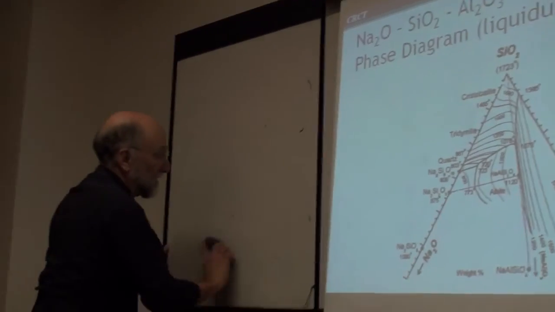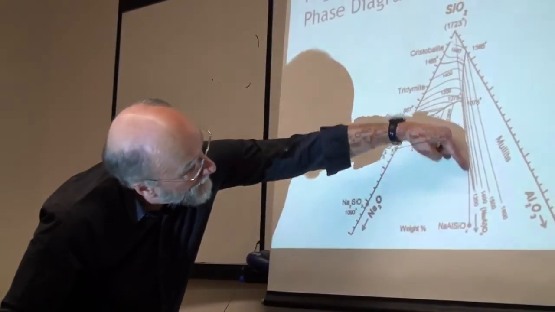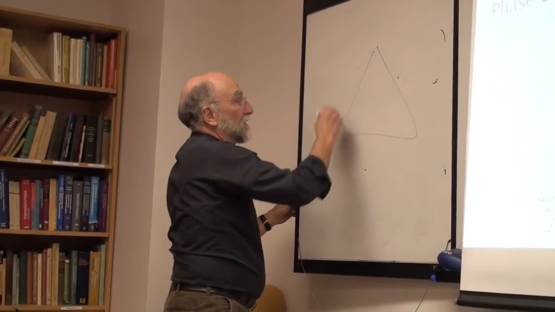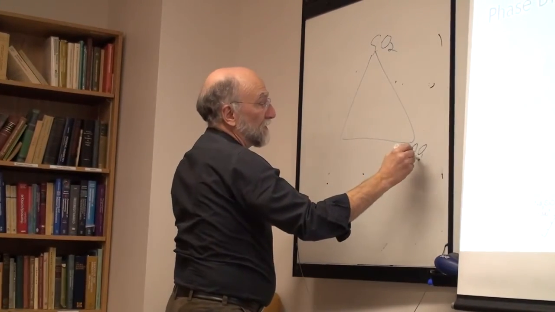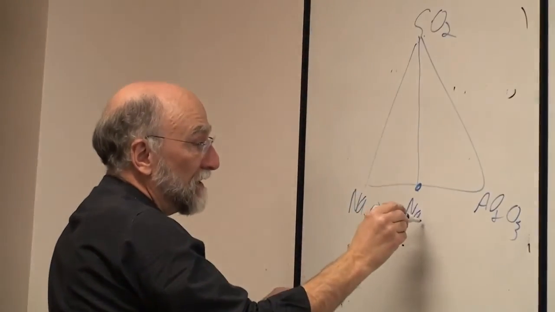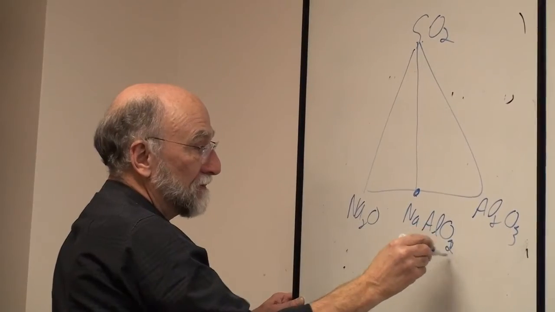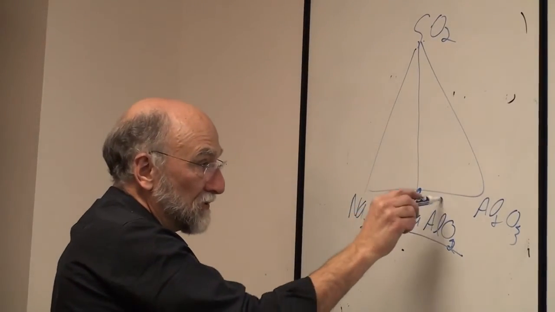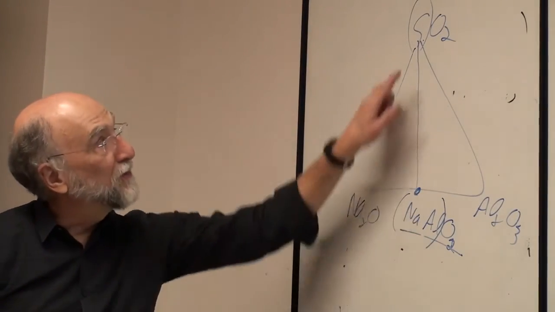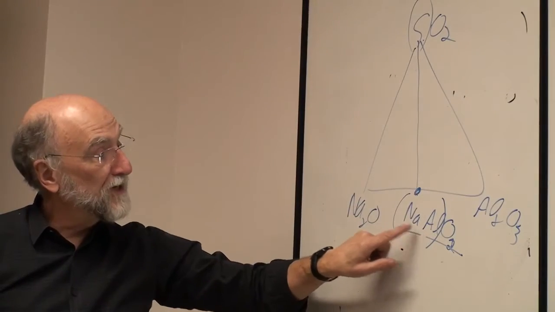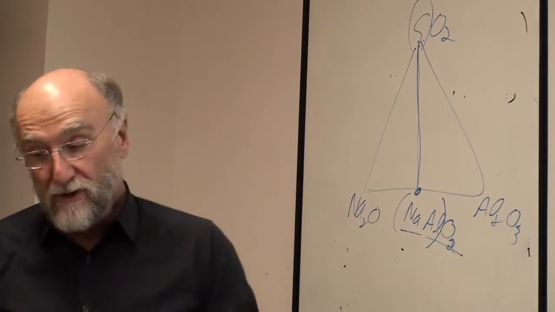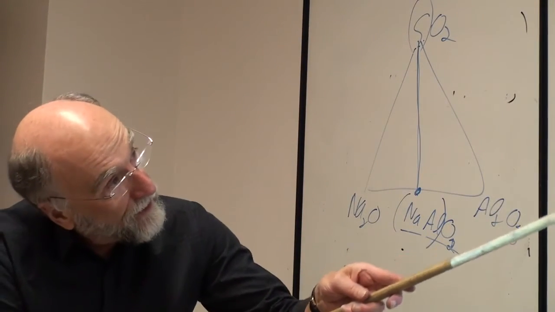If you project this line down all the way to the sodium alumina base, you're going to find that you have silica, Al2O3, Na2O, and here you have NaAlO2. NaAlO2 is like SiO2 basically. The NaAl replaces the silicon, the aluminum on the lattice site, the sodium sitting next to it. So this is your maximum charge compensation line, which is this line here.